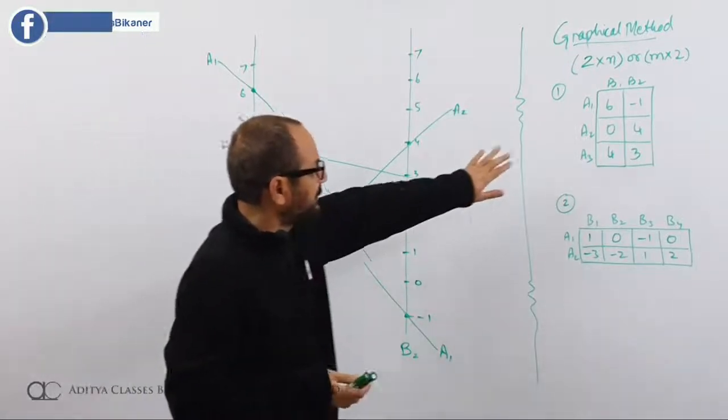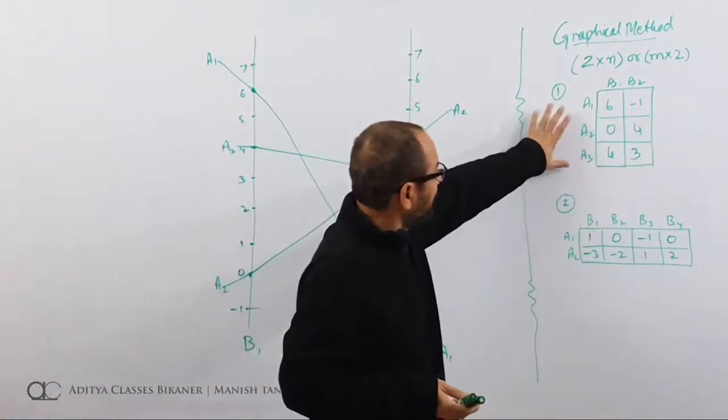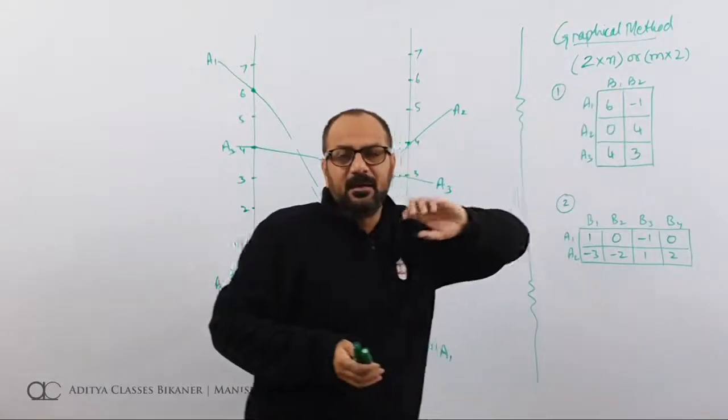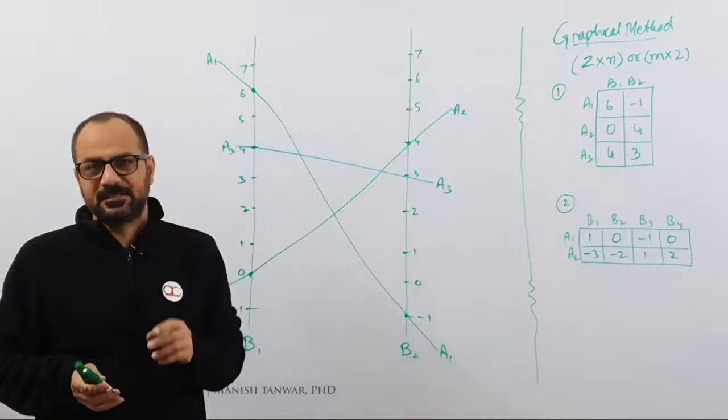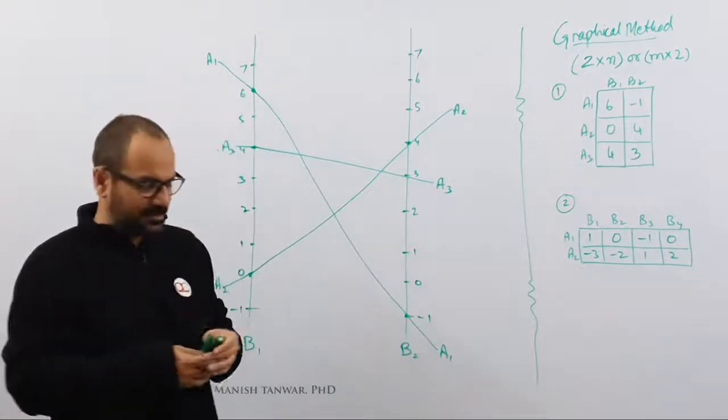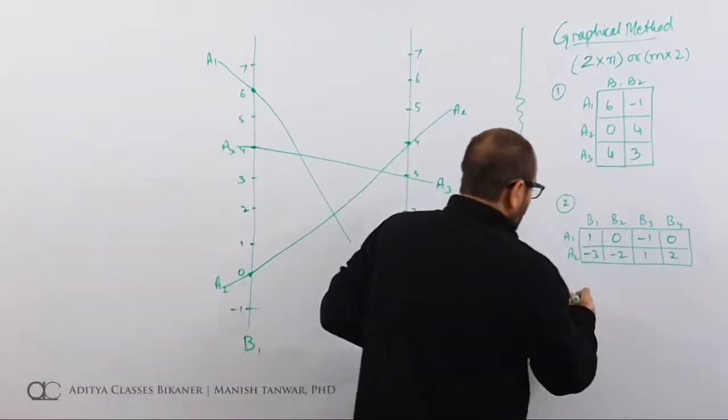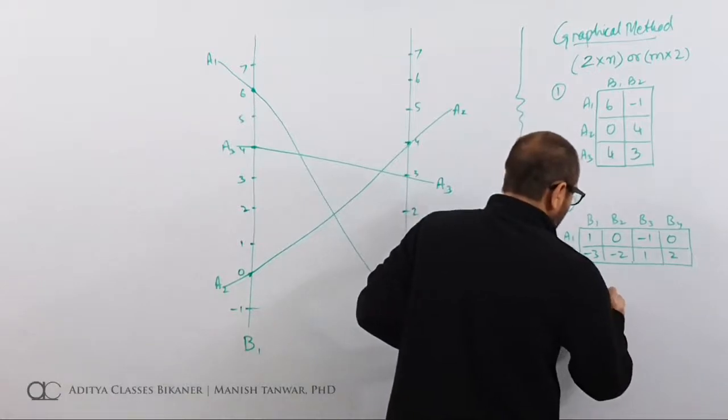If I have a look at this game, it is plotted for B. Now, B selects the strategy which is minimax. If you remember our earlier lectures, the strategy selected by A is that of maximin.